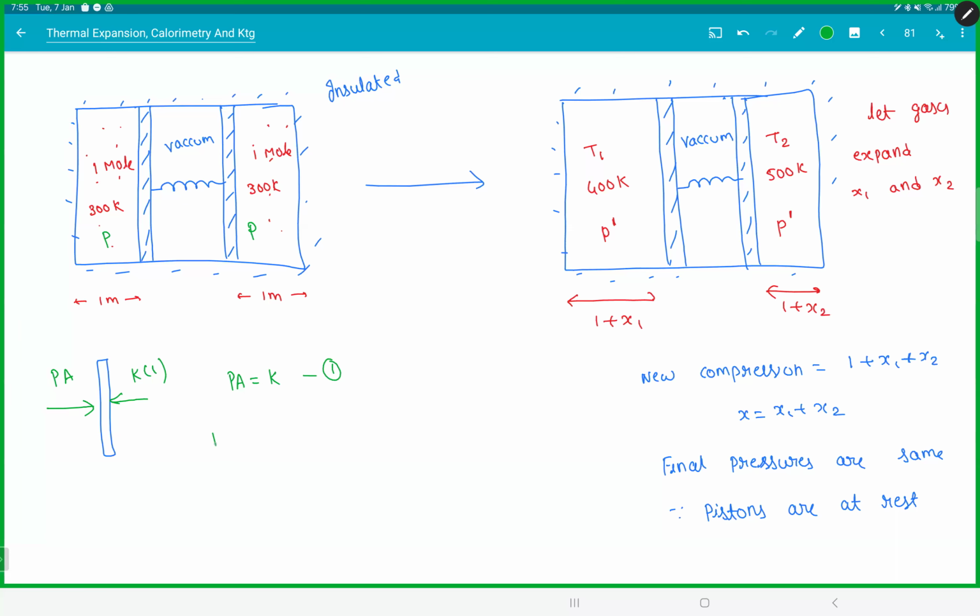Second, I'll apply the ideal gas equation, PV equals nRT, for any one compartment. Pressure is P, volume is A into 1, n is 1, R, temperature is 300. So I have P into A equals 300 R. This is equation 2.